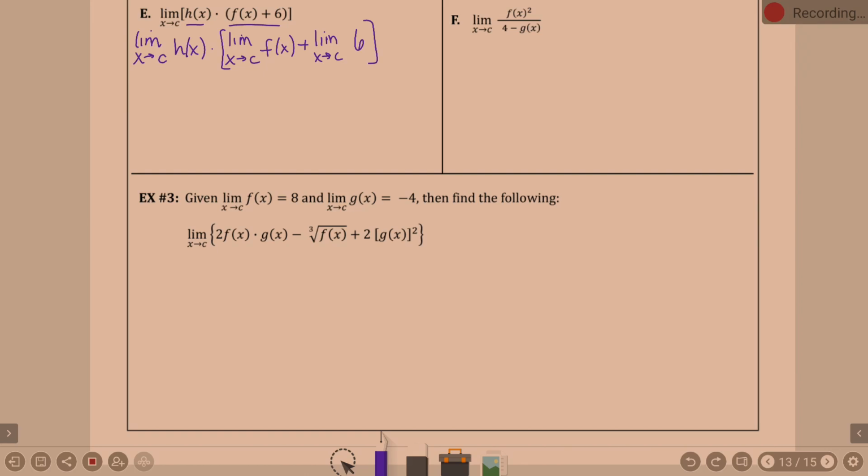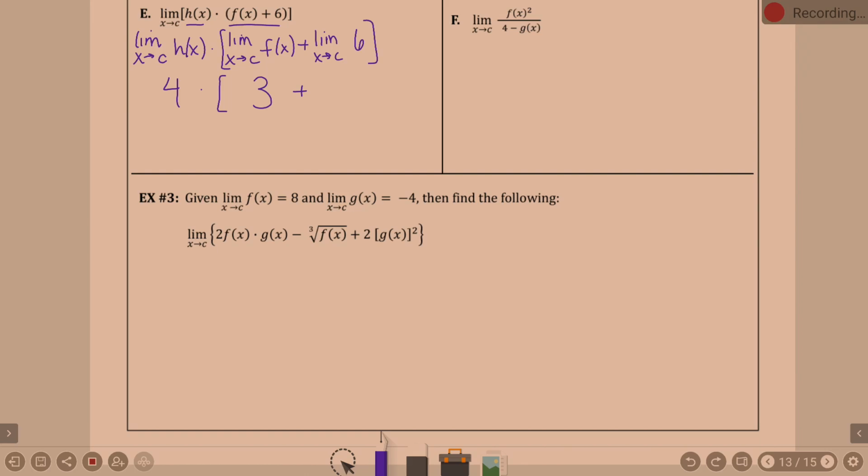Okay. What's the limit as x approaches c of h of x? 4 times the limit as x approaches c of f of x, plus the limit as x approaches c of 6.